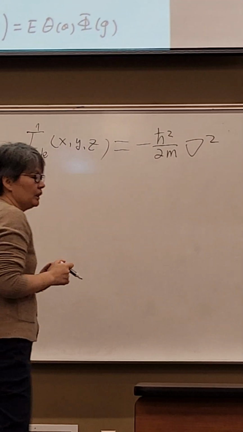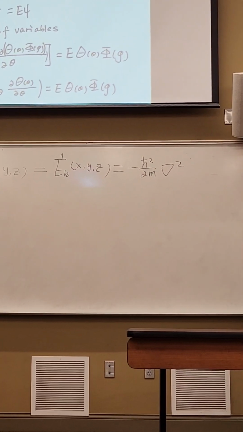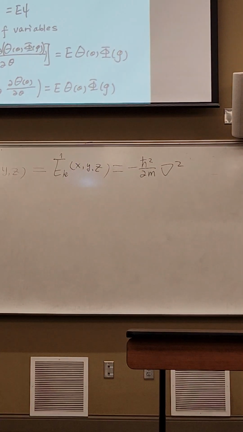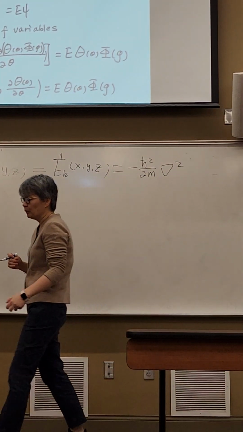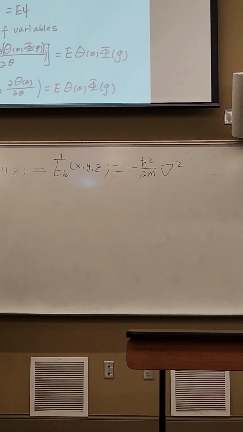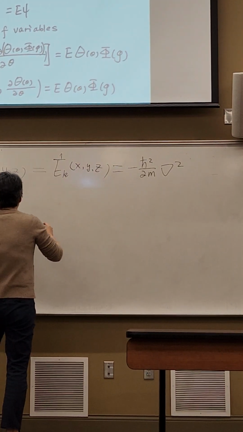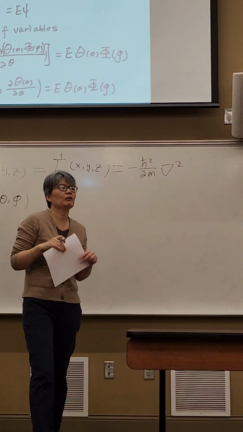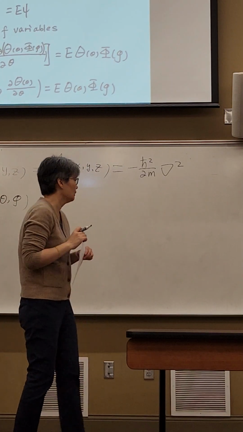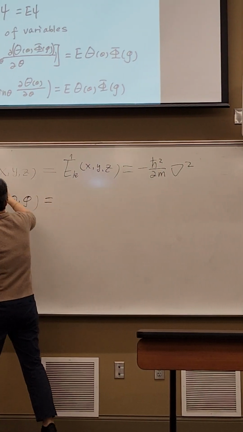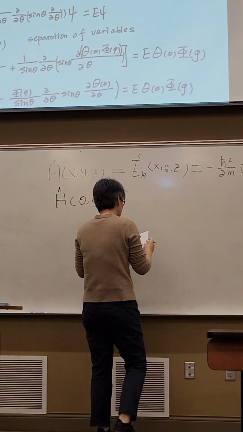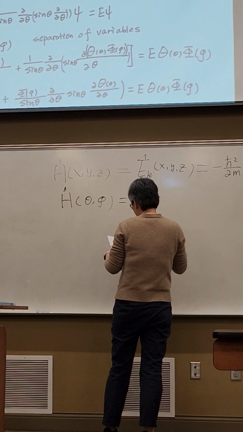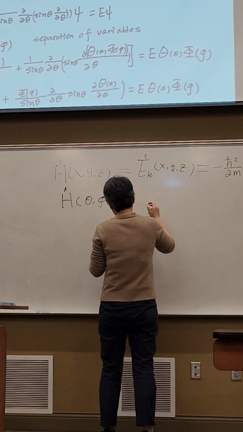Their square can be expressed in Cartesian coordinates or in spherical coordinates. If we know it's a fixed radius, then your Hamiltonian operator can be simplified with two variables instead of three.